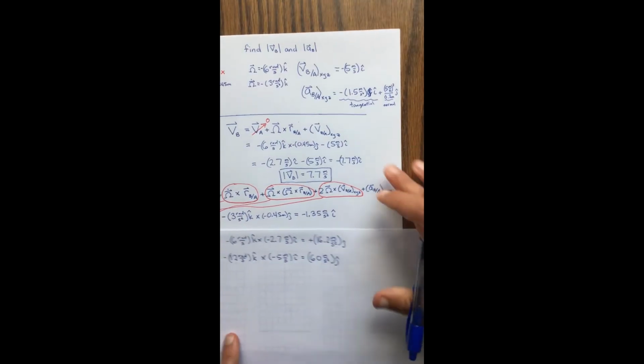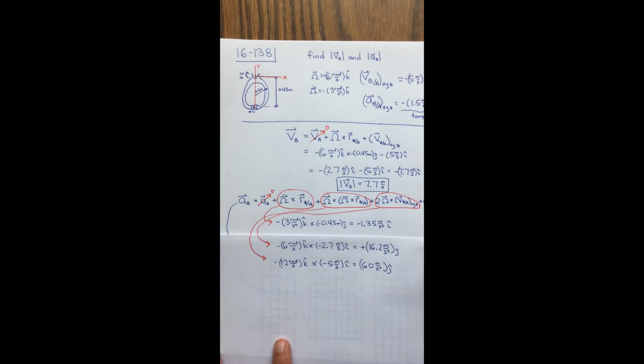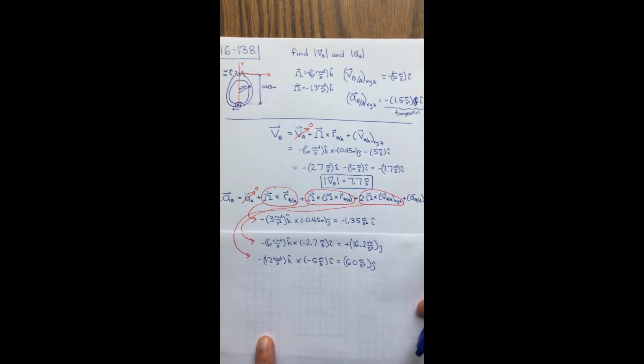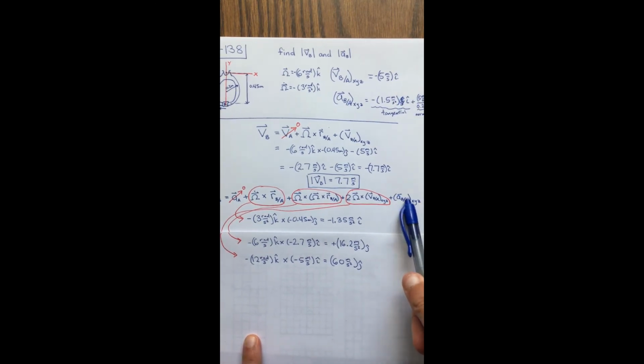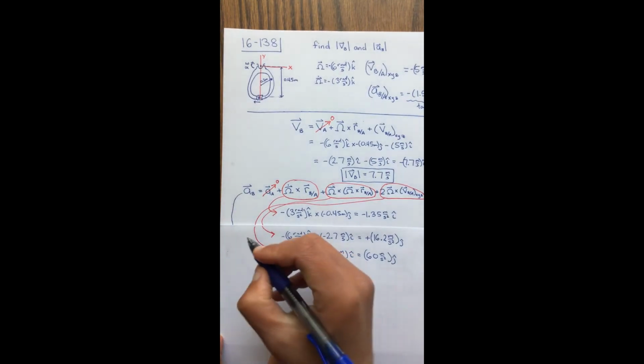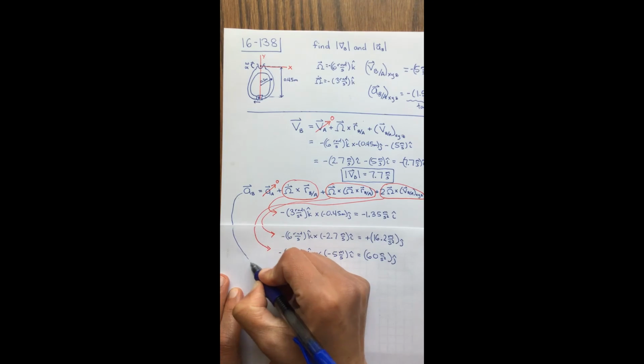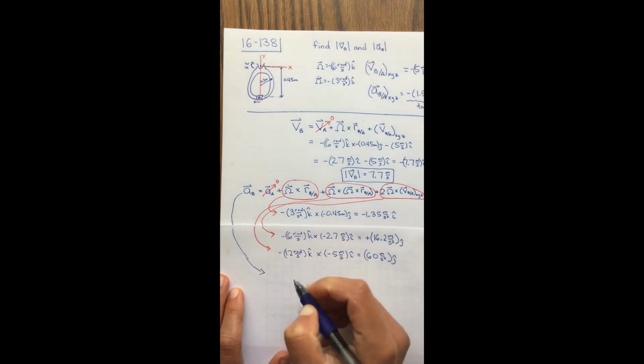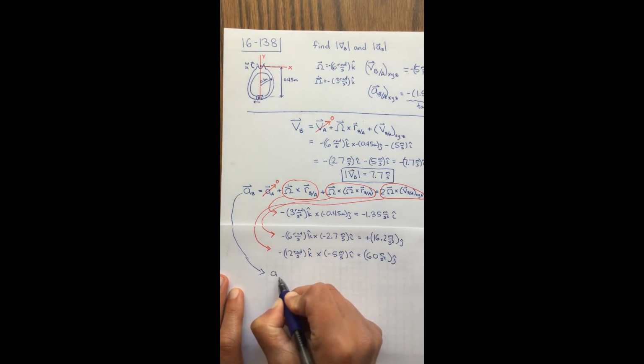Okay, so now that we have that taken care of, we can go back to our equation here, put this in for the relative acceleration, and now we can put everything together and find the acceleration of B.